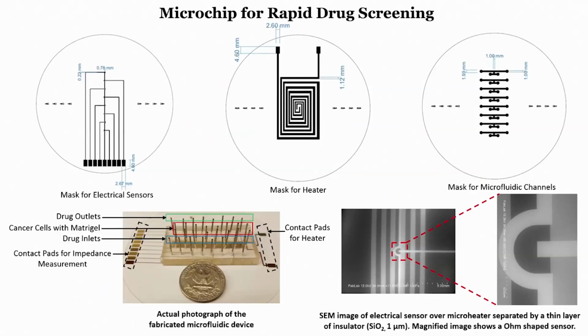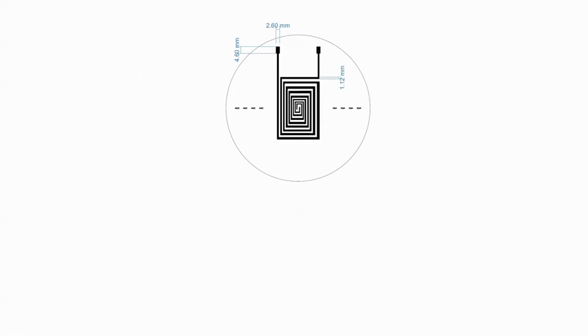For that, we have seen how we can draw a process flow for fabricating a microchip. We have seen the process for individual components, starting from the heater, then interdigitated electrodes, then how to create a PDMS channel using a mold, and here we have considered SU8.